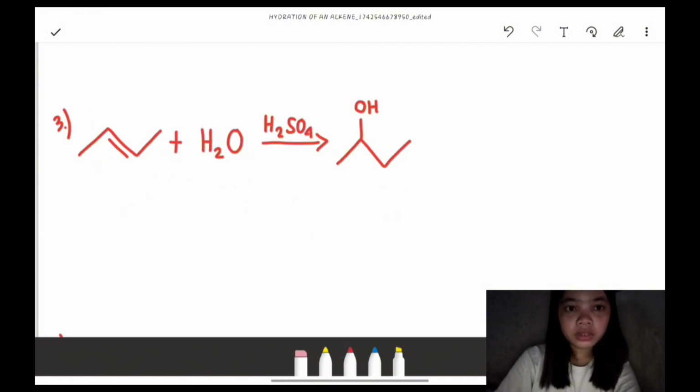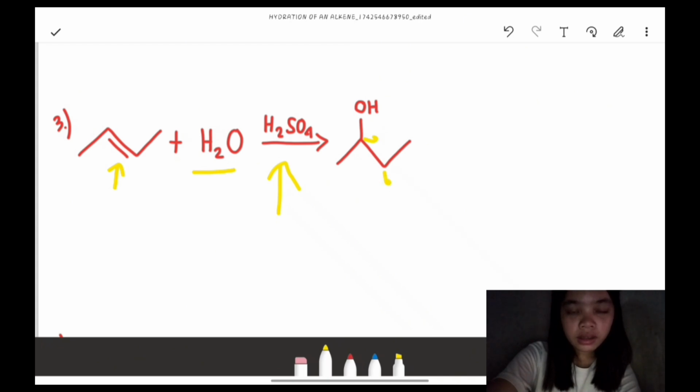So let's proceed to number 3, the skeletal structure. So we've got our 1, 2, 3, 4 carbons. There's the double bond. Add the water in the presence of that strong acid, sulfuric acid. This is going to break. So when that breaks, the alcohol will go here or here.